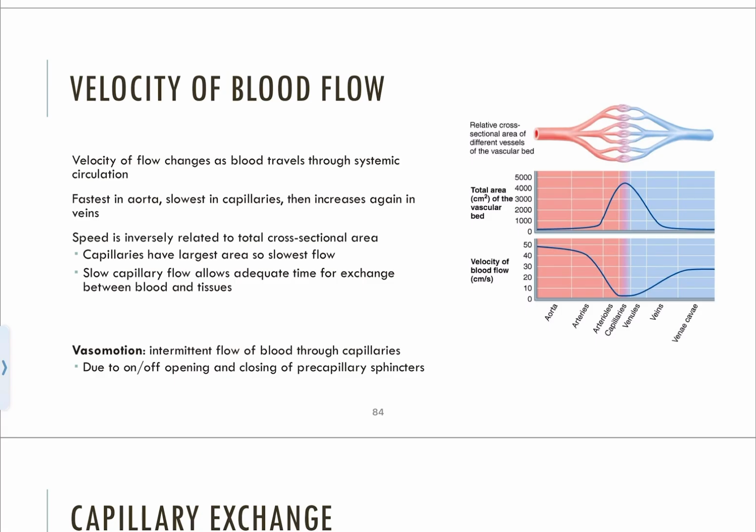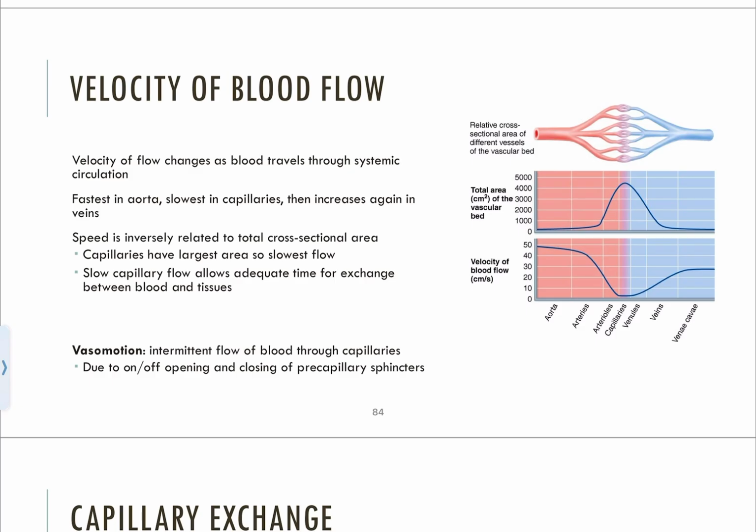We talked about this earlier as it leaves our aorta, goes to our arterioles, capillary bed, and then our veins. It's going to be fastest in the aorta and slowest in the capillaries, and then is going to increase again in the veins. Why? Speed is going to be inversely proportional to the total cross-sectional area.